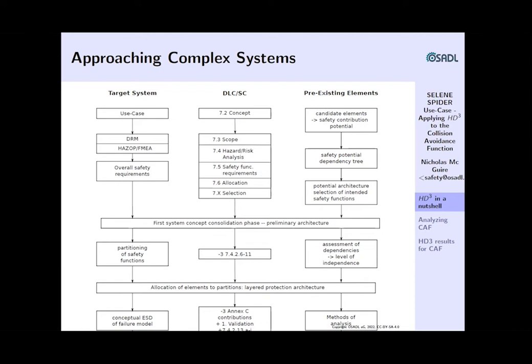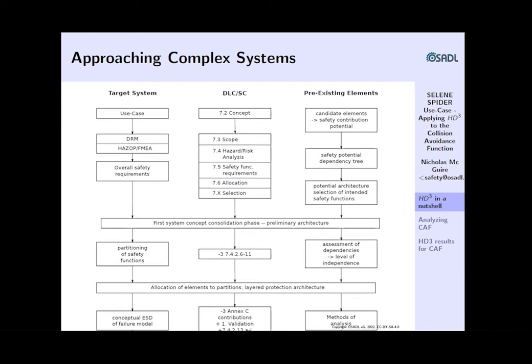Now, as noted, we assume that pre-existing elements are going to be important. That's why we introduce this 7x extension in the context of SIL2 Linux, how to do the selection. And I'm not going to go into the details of that, but the key issue here is that you have element candidates. We all can think of different pre-existing operating systems that could be suitable for such a project. There's multiple incarnations of libc, of tools, of communication stacks, and so on.